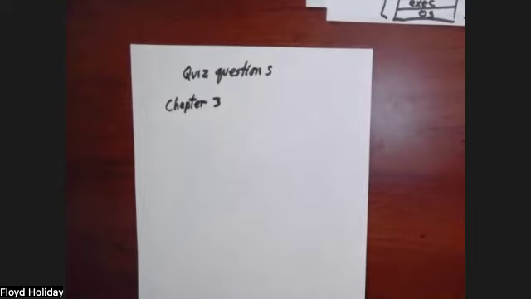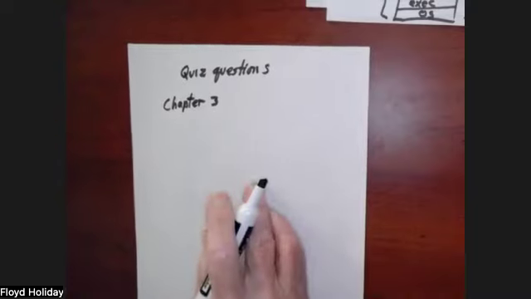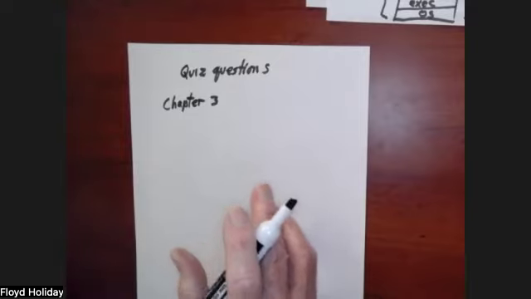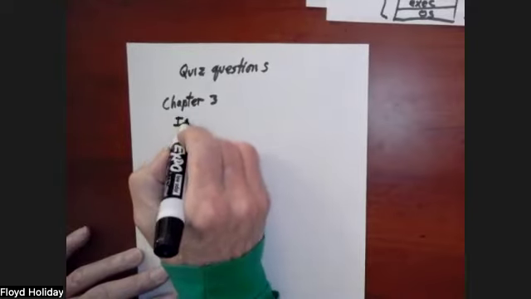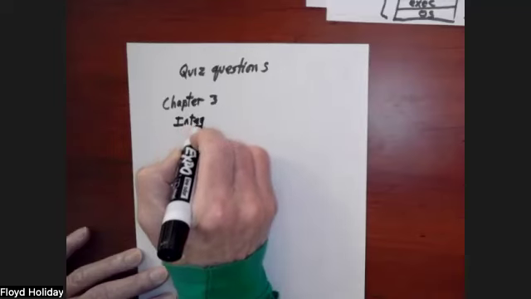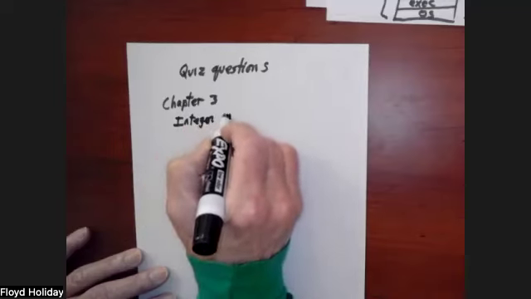Chapter 2 had Von Neumann architecture, and it has big endian, little endian stuff. Chapter 3 is integers in binary.